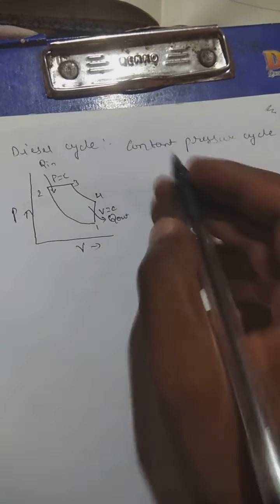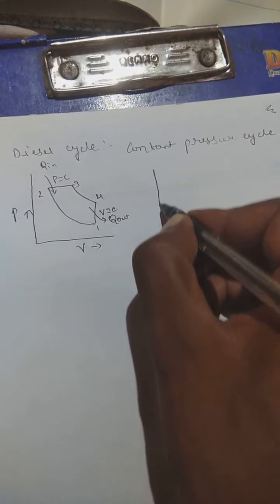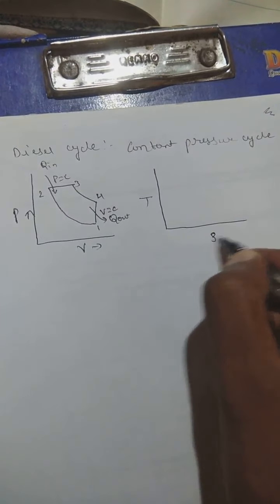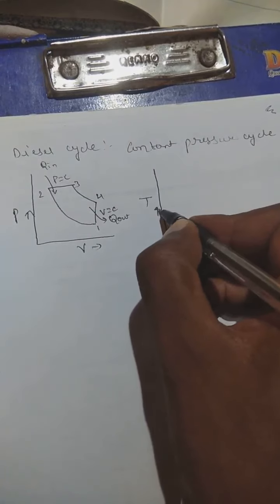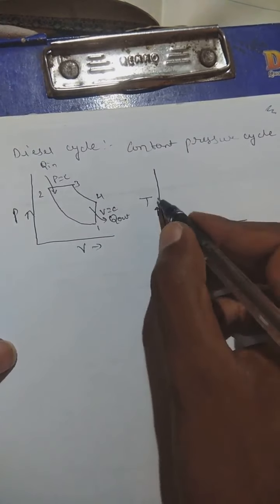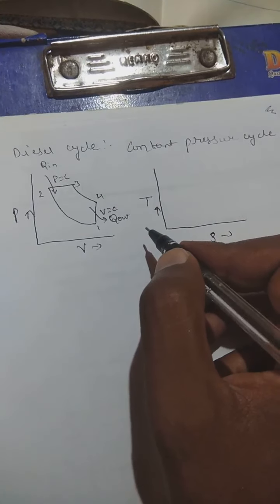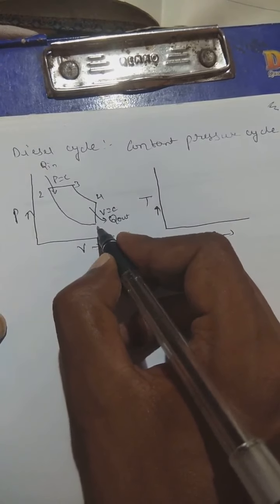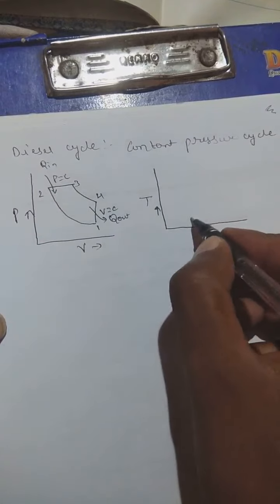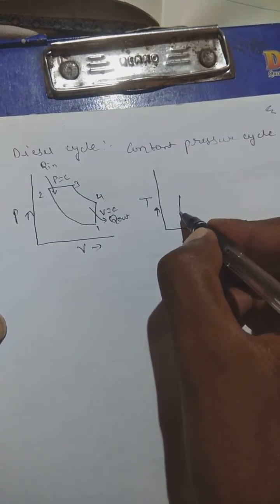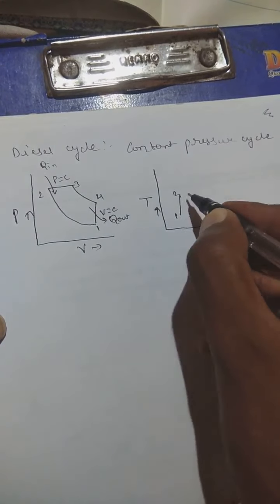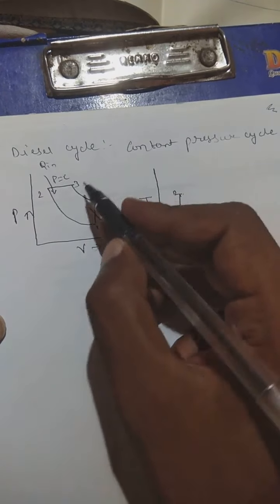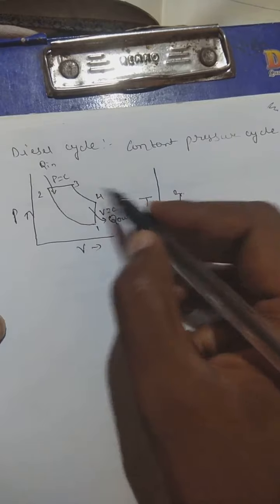And then the TS diagram. The TS diagram for this cycle is T and S. S is nothing but entropy, you know very well. T is the temperature. It is the temperature versus entropy. So the first process is an adiabatic process, that is 1 to 2. Adiabatic process means it will be a vertical straight line, that is 1 to 2, and this second process, 2 to 3, is a constant pressure process.